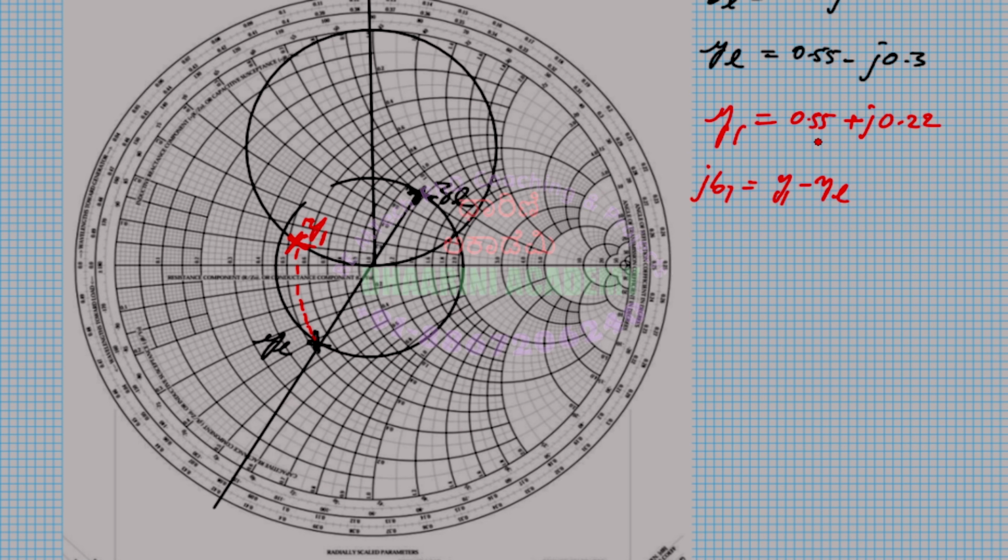So 0.55, 0.55 cancels out, correct? And we have this is plus, the other one is minus, minus of minus is plus. So this is plus J 0.52, isn't it? Right? Okay. So that's the first thing.